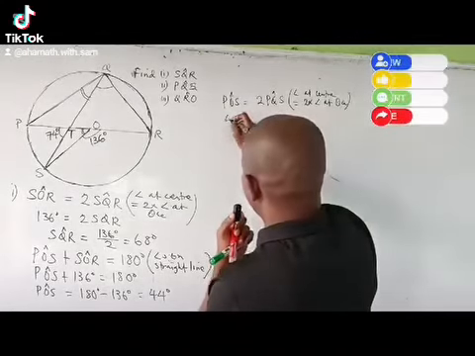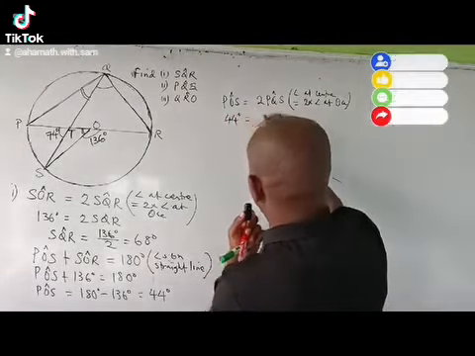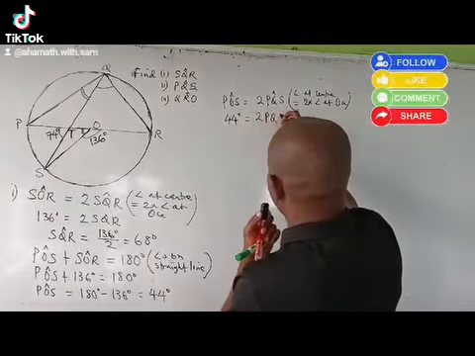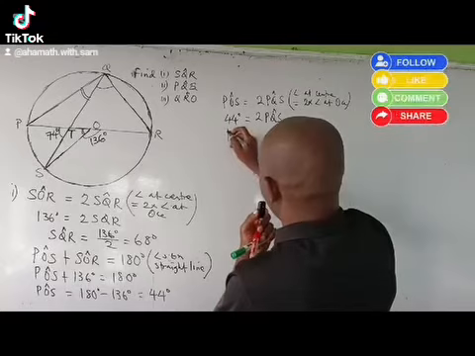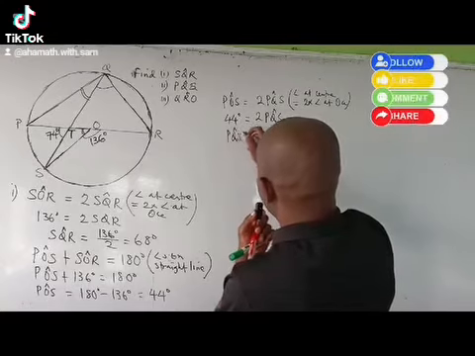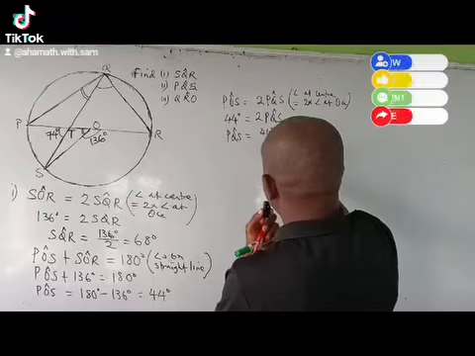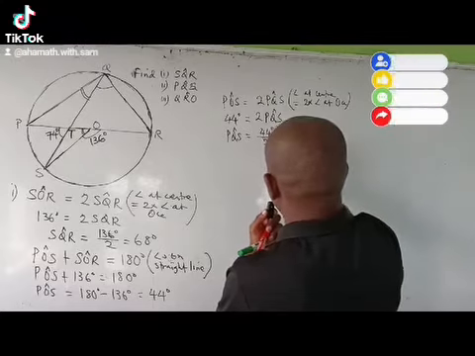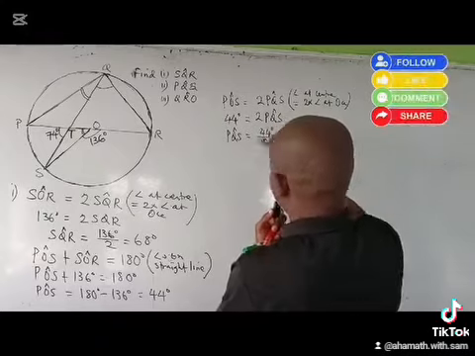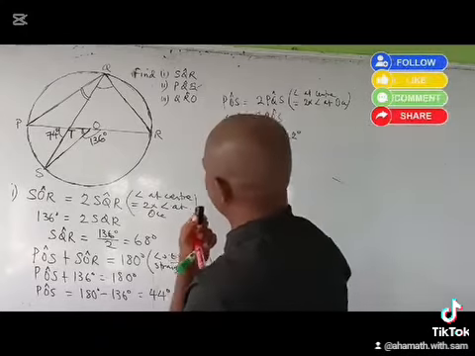POS is 44, so 44 degrees is equal to 2 PQS. And therefore angle PQS will be 44 degrees divided by 2, which is 22 degrees. So we are done with that one also.